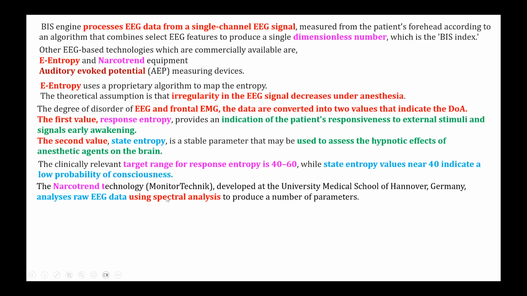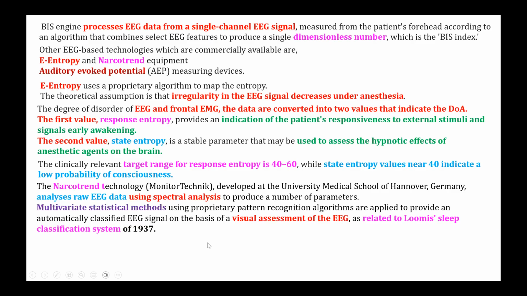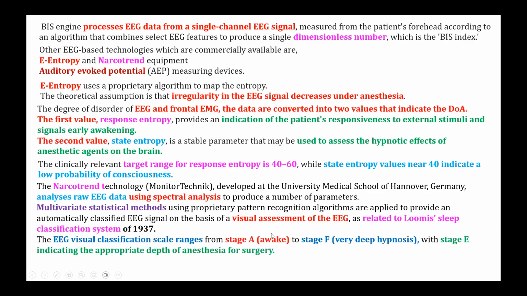Narco Trend is a technology using the same raw EEG with spectral analysis, producing a number of parameters, and multivariate statistical methods are used to assess that. It has 2 methods of assessment: visual assessment of EEG as well as the Loomis deep sleep classification system.